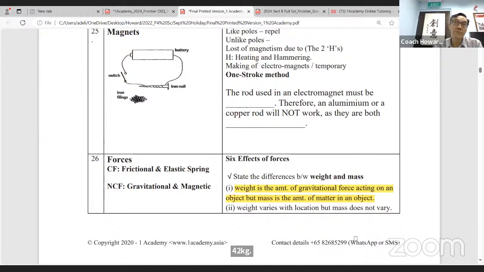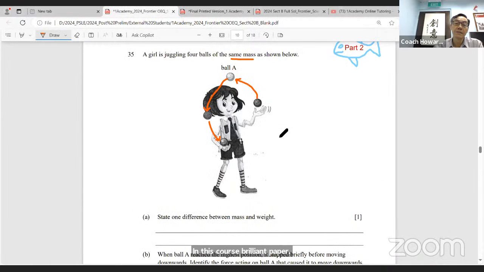So the weight of this person on Earth is 42 kilograms. And the same person, if he goes to the moon, will be divided by 6. So the weight of the same person on the moon will be 42 divided by 6, which is 7 kilograms. So this is one question which appears in this school's prelim paper, the Frontier Primary School.